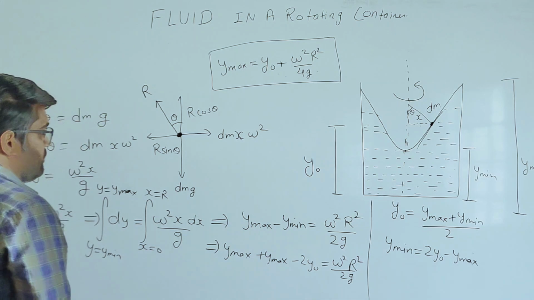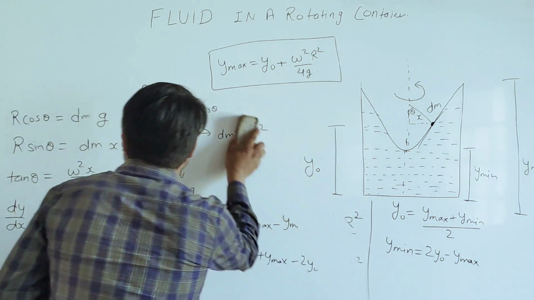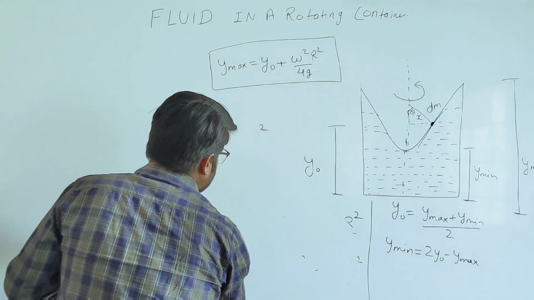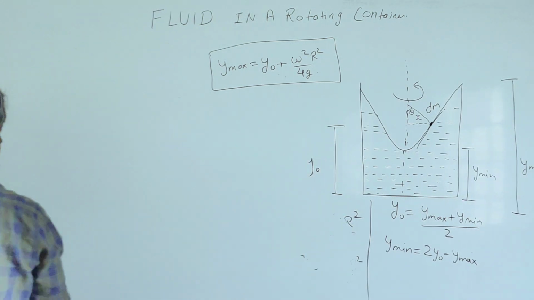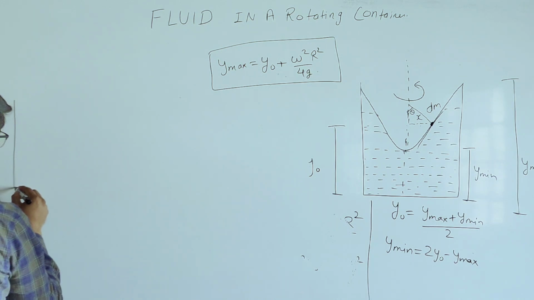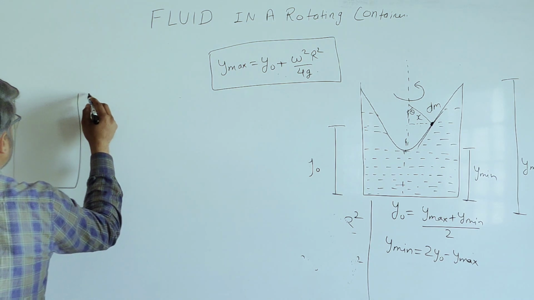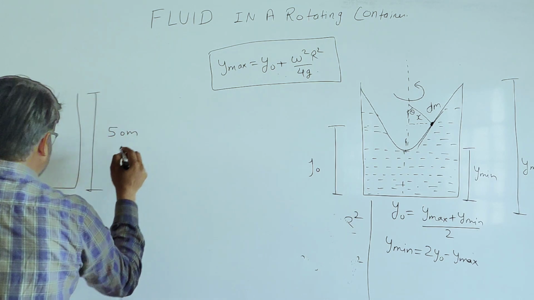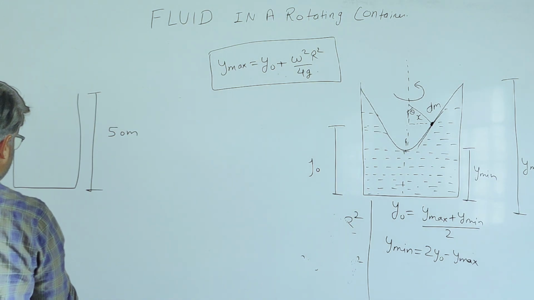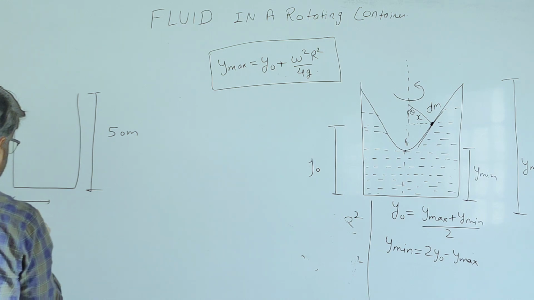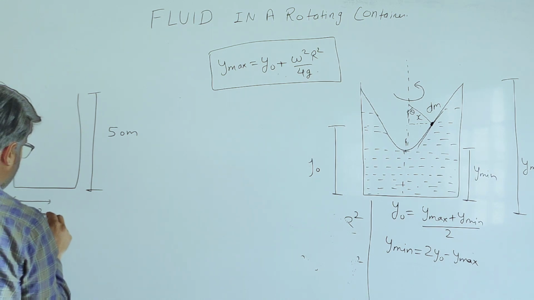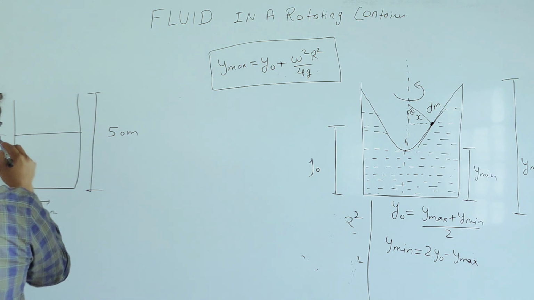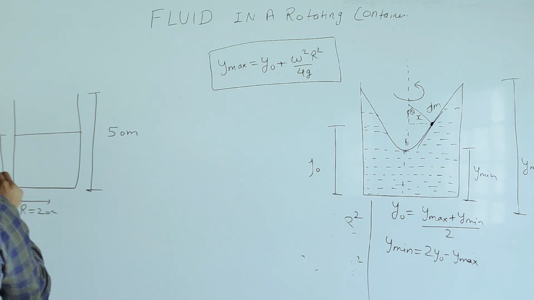Let's begin with the questions. Suppose there is a container whose height is 50 meter, radius is 20 meter, and water filled in it is up to 30 meter.